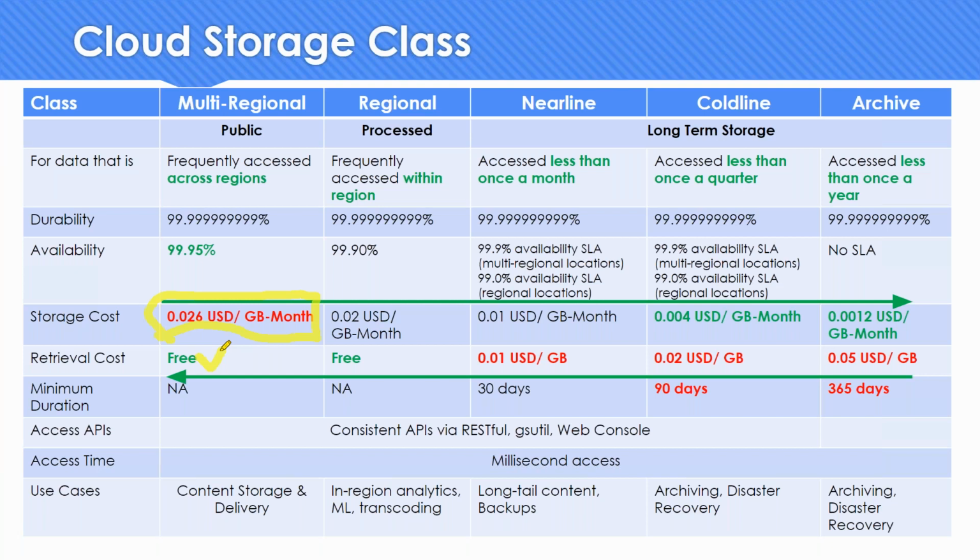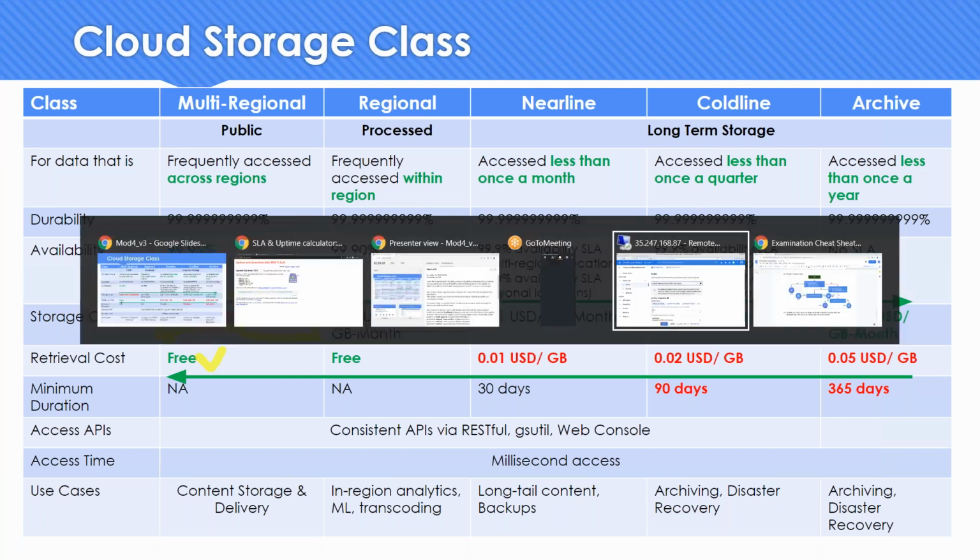But the storage cost is a little high. 0.026, you may say, is it high? Compared to other storage classes, it is high. Now, why it is called multi-regional is that the data is replicated across 3 regions, minimum 3 regions. So how does it happen? Let me just show you. Here.